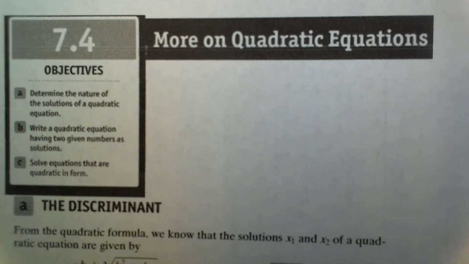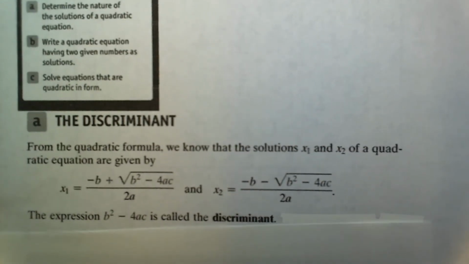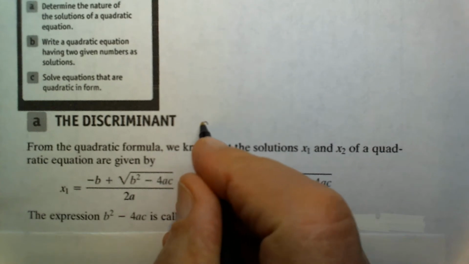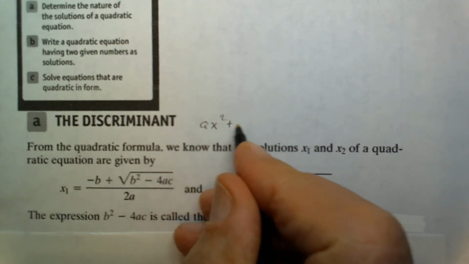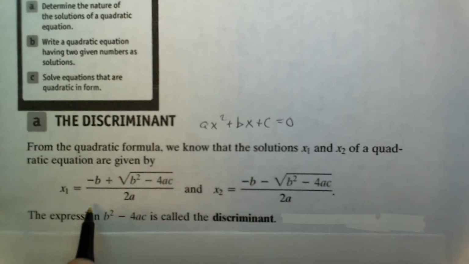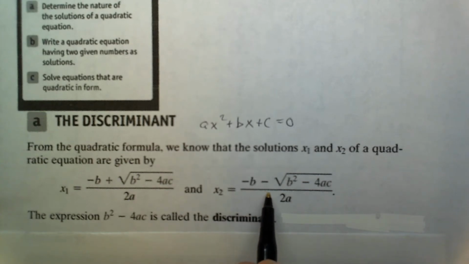When we solve a quadratic equation in standard form, ax squared plus bx plus c equals 0, we know the two solutions are x sub 1 equals minus b plus the square root of b squared minus 4ac divided by 2a, and the other solution is minus b minus the square root of b squared minus 4ac divided by 2a.